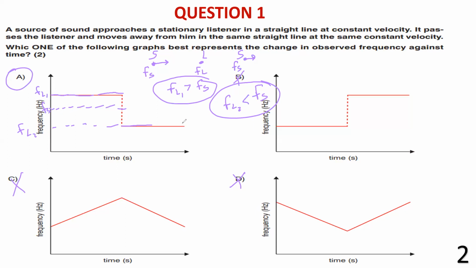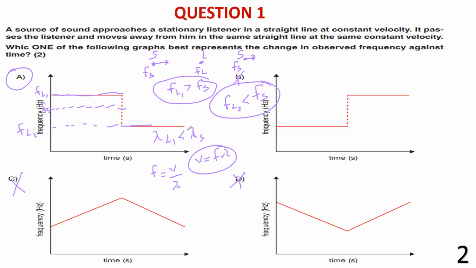But if they ask you the same question with wavelength, what's going to happen? Same graph, but asking you for wavelength. For the first case, wavelength L1 is smaller than wavelength S. So it is opposite to frequency, because we know frequency is equal to V over wavelength, or V equals F times wavelength.